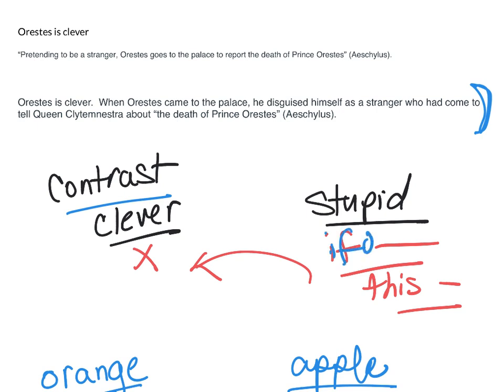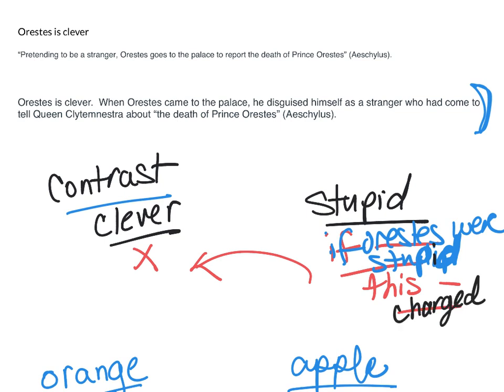If Orestes were stupid, what would that look like? Well, what would a stupid person, hello, dyslexia kicked in, sorry about that. If Orestes were stupid, what would that look like? If he were stupid, he would have charged right in.